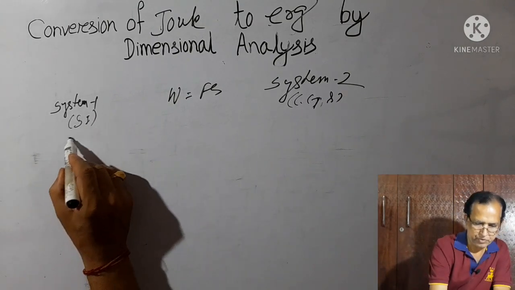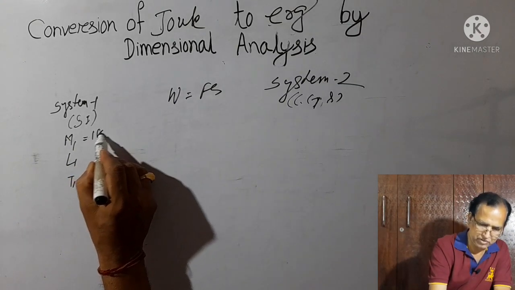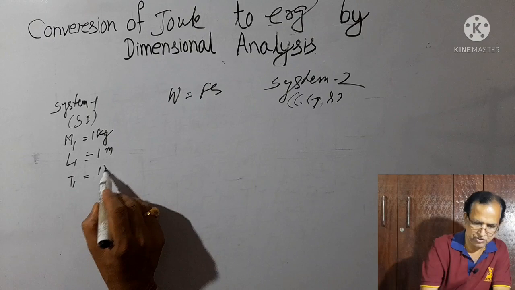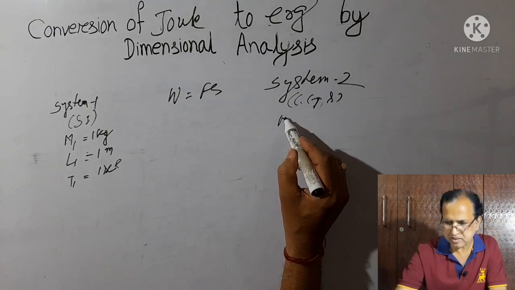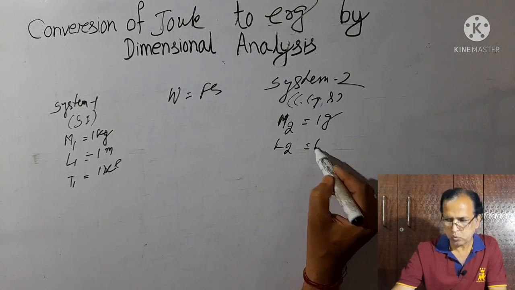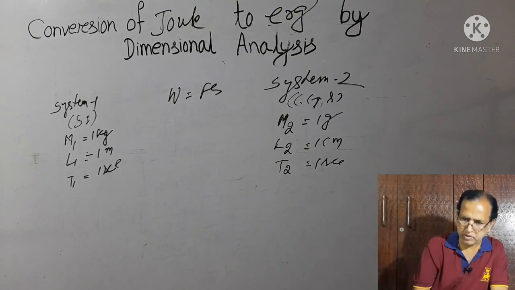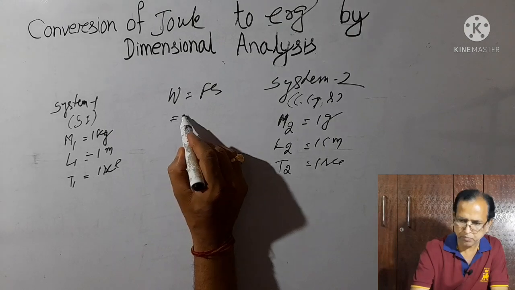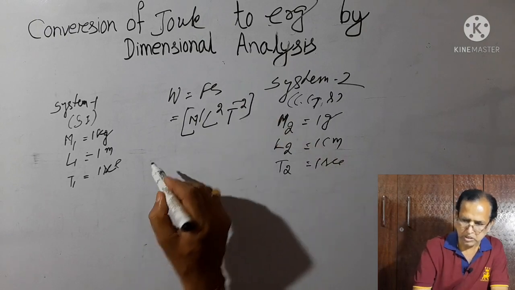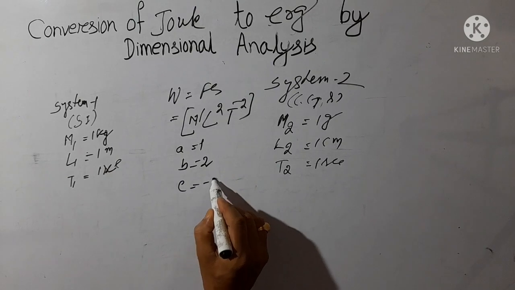In SI, M1 is 1 kg, L1 is 1 meter, T1 is 1 second. In CGS, M2 is 1 gram, L2 is 1 centimeter, T2 is 1 second. In work, the dimension is M1 L2 T minus 2, that means a is equal to 1, b is equal to 2, c is equal to minus 2.